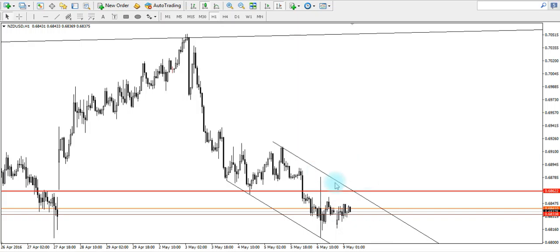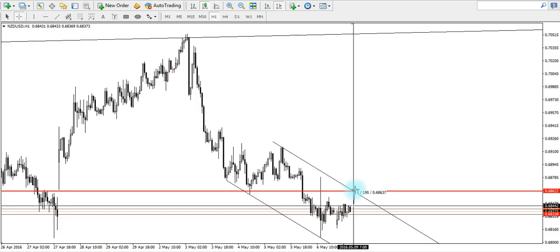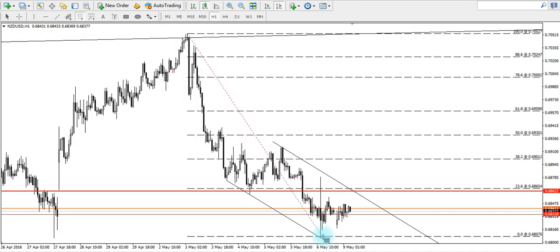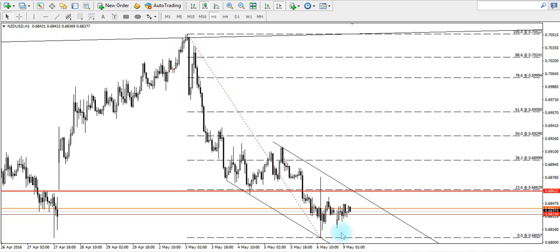Anyway, the price is consolidating, moving closer to the top of the falling trend channel, as well as a key resistance at 0.6862. And if you were to plot a Fibonacci retracement from the top to the bottom, that is at the 23.6% retracement level.